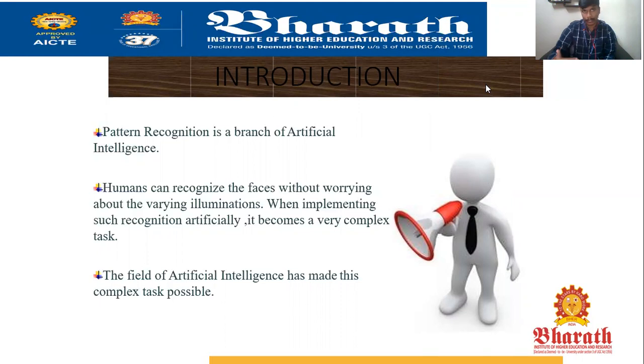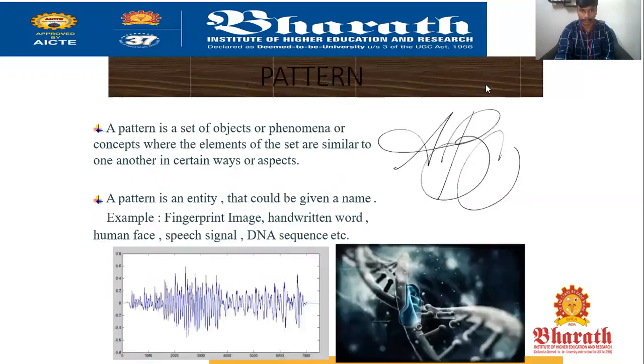So to avoid that con, pattern recognition has been developed from the branch of artificial intelligence. The field of artificial intelligence has made this complex task possible. By using artificial intelligence applications, that recognition process, which is considered a complex task, is made possible by our pattern recognition processing system.